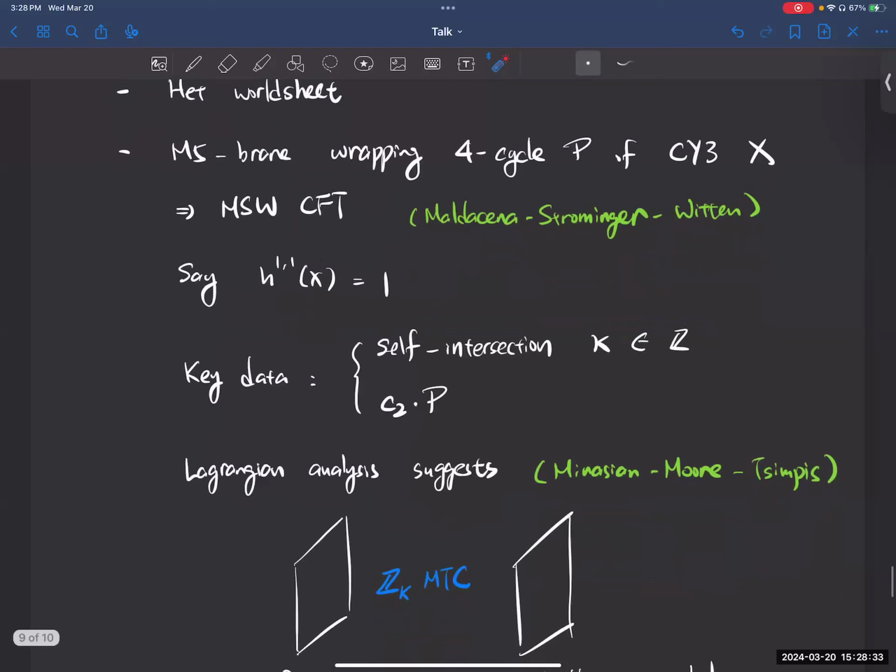And for simplicity of discussion, let's say we are considering some one parameter Calabi-Yau. So the key geometric data that goes into the characterization of the CFT is, first, there's the self-intersection, kappa. I'm using a convention here where kappa itself is an integer. So sometimes it's written with a factor of 6, depending on notation, but I don't have that 6 in my definition.